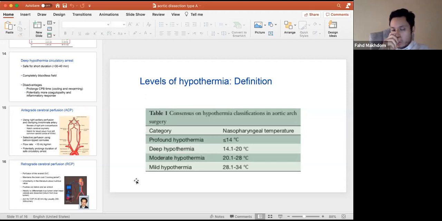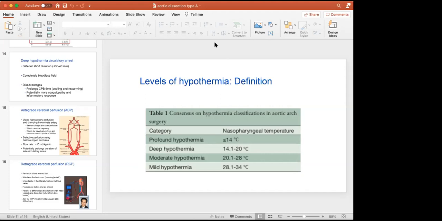So neuroprotection, spinal cord, spinal drain, when is it high risk for paraplegia, and for operative thoracoabdominal aneurysm surgery, what technique you can use to avoid or decrease the incidence of paraplegia post-op. Okay.